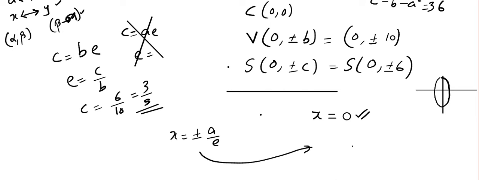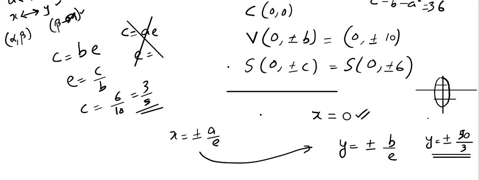So in type 2 the equation will be y is equal to plus or minus, come on, think about it, plus or minus b by e. That is, y is equal to plus or minus b, which is 10, divided by 3 by 5. So that will be 50 by 3. Now if you want the equation of the latus rectum, that will be y is equal to plus or minus 6.